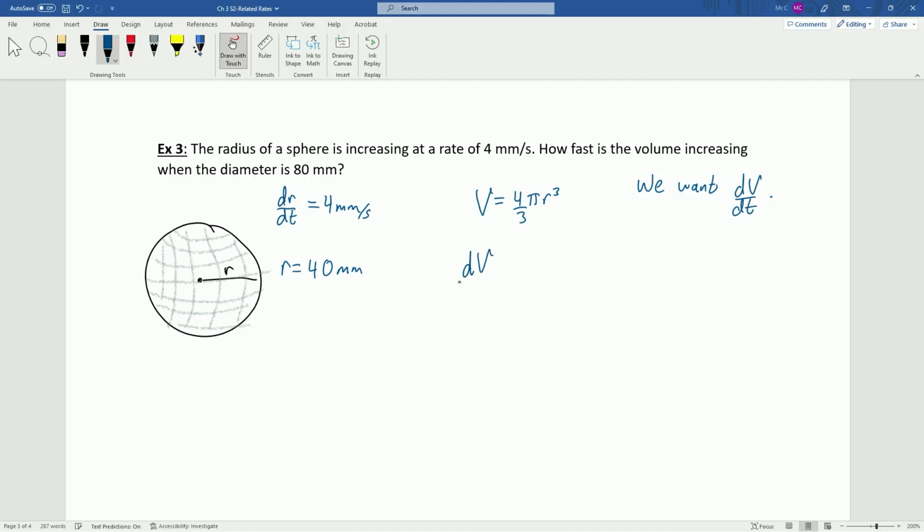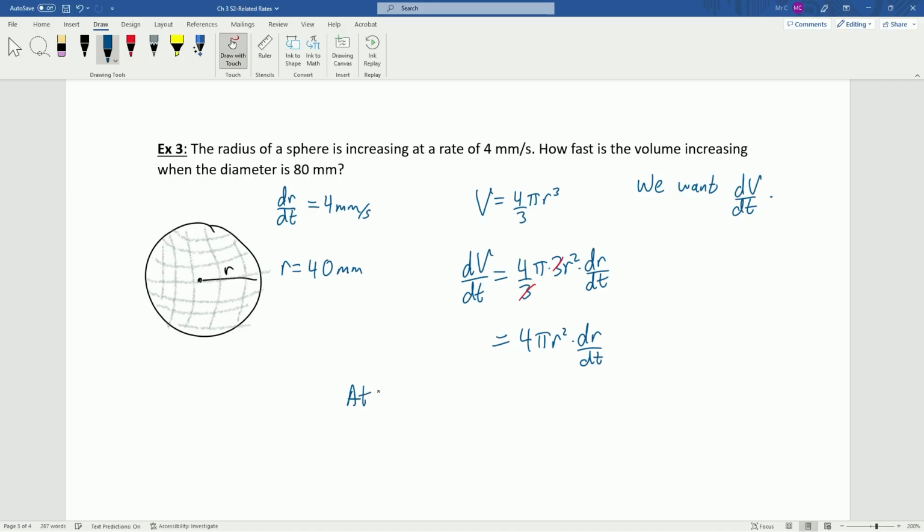So dV/dt is 4/3 pi times 3r squared times dr/dt. Here's the key. We've got to remember we're taking our derivative with respect to t, and so we have to apply the chain rule to r, which is changing with respect to t. The 3/3 cancels, and we get 4 pi r squared dr/dt.